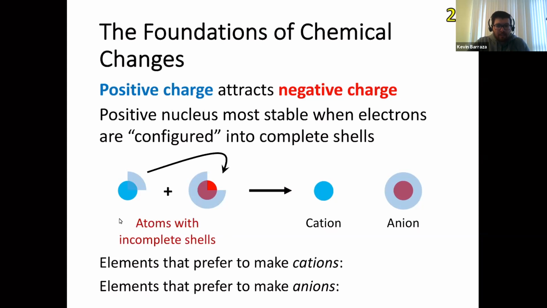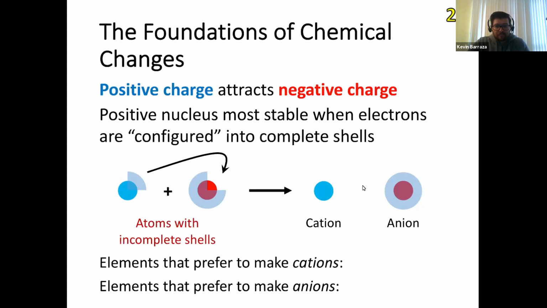If they have room in their orbitals, they would like to fill them so that they finish a shell of electrons. The noble gases are the ones that have those completed shells, and so all atoms are trying to adjust their electron count until it matches the closest noble gas they're related to.